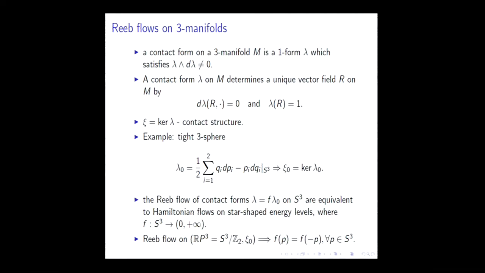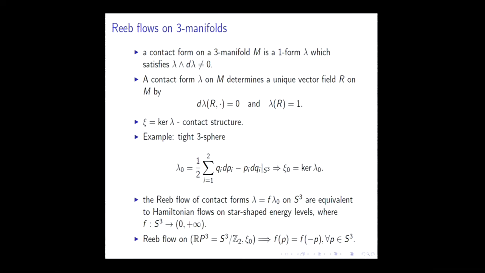And moreover, for instance, if we multiply by a function which is symmetric with respect to the antipodal map, so f of p is f of minus p, then we can also consider Reeb flows on RP3, which is the quotient of S3 by the action induced by the antipodal map.